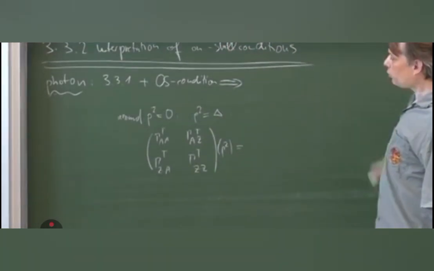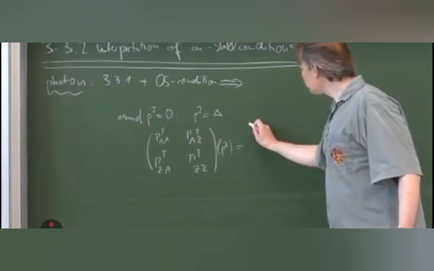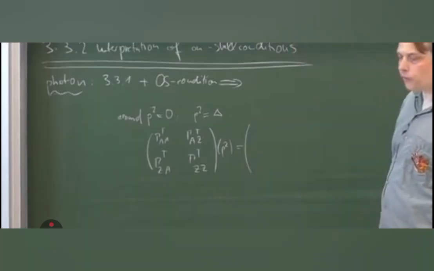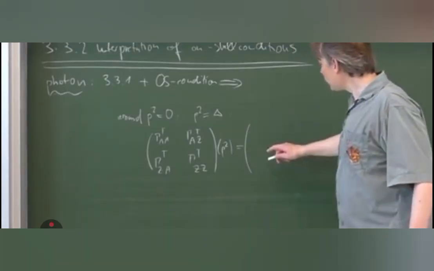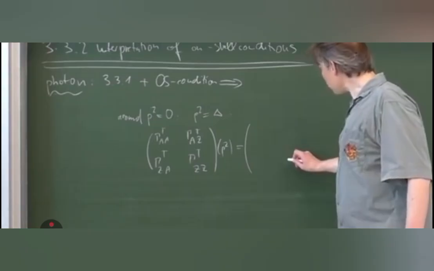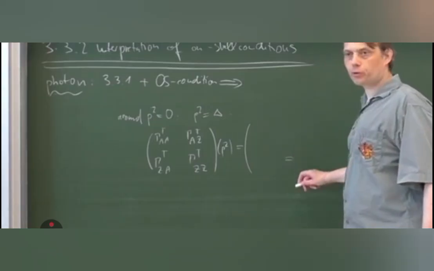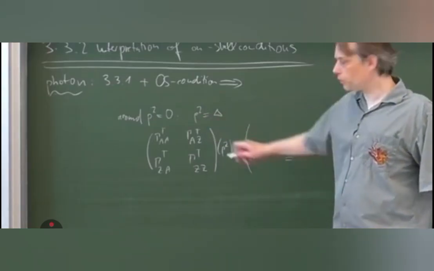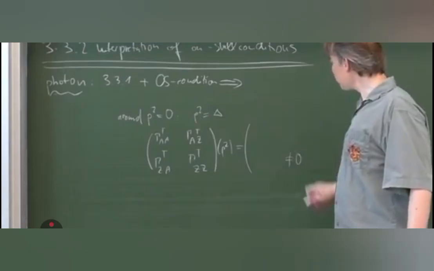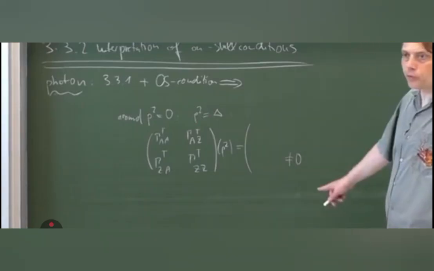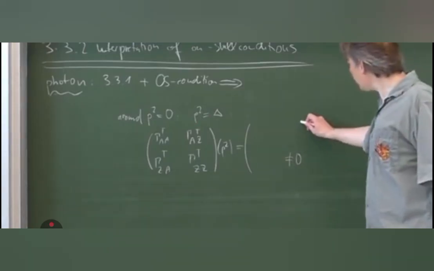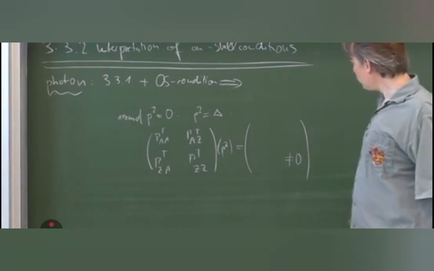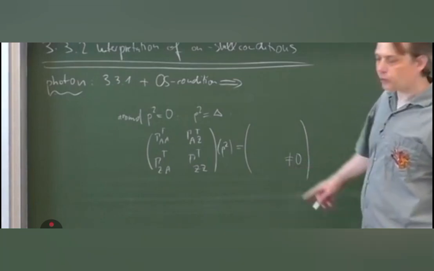How does it look like? Well, what we have imposed as our on-shell condition is that in the ZZ we have not imposed anything at p square equals 0, so that is something. It is non-zero because it is non-zero at tree level, so it's non-zero at all orders. At tree level it's basically given by the Z mass square.